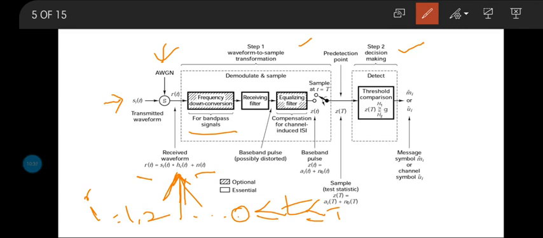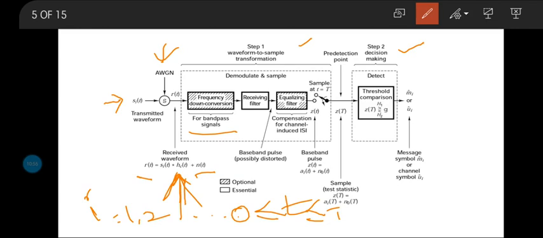The job of this frequency down conversion block is to perform frequency translation for bandpass signals operating at some radio frequency levels. So that is where we make use of the frequency down conversion block.